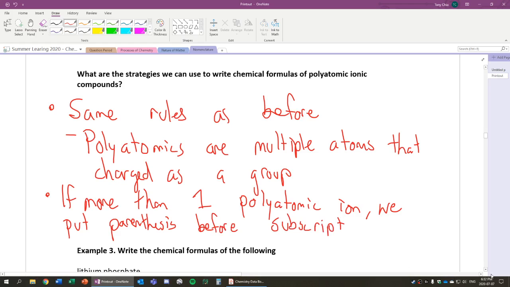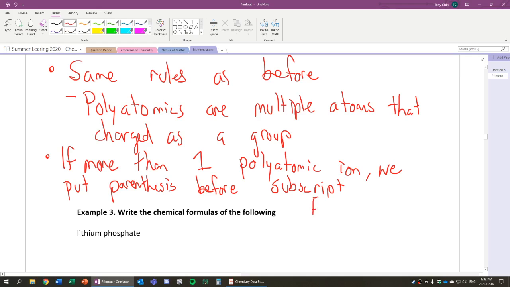So what this means is, for example, if we have 3 ammoniums, it will be written as (NH4)3. The reason why is because if you don't put parentheses, NH43, the second one looks like you have 43 hydrogens, not 3 ammoniums.